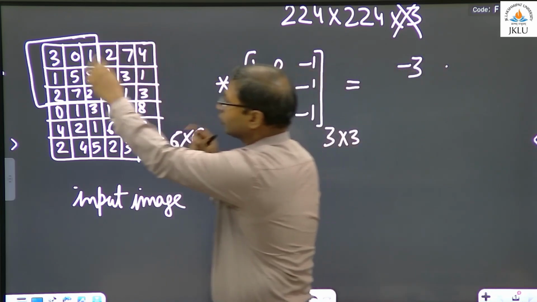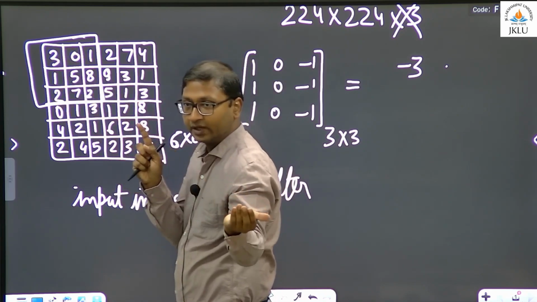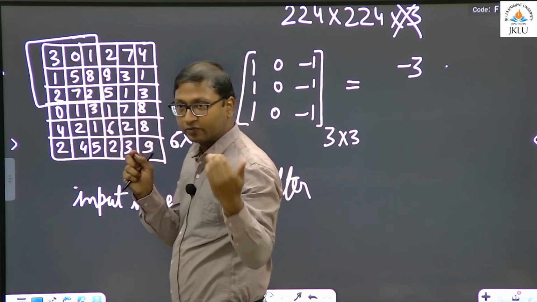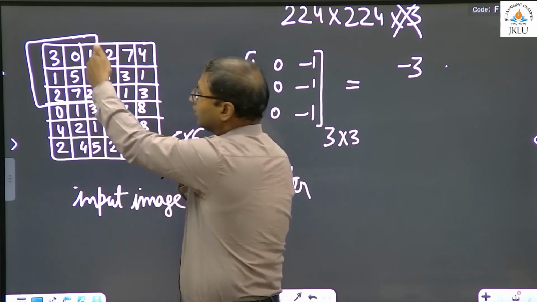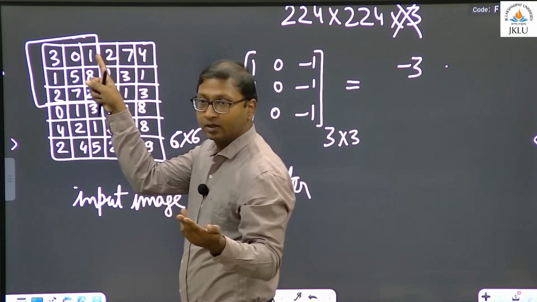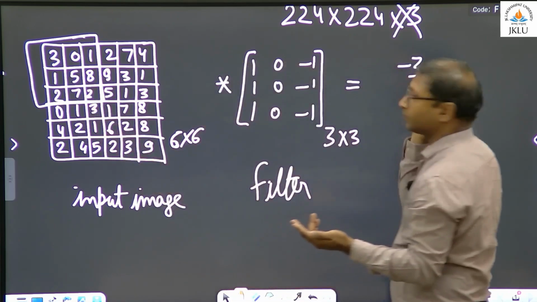All these guys will be multiplied with 1, so their sum will be 8. All these guys with 0, so their sum will be 0. All these guys with minus 1, so their sum will be minus 11. So 8 minus 11 gives you minus 3.